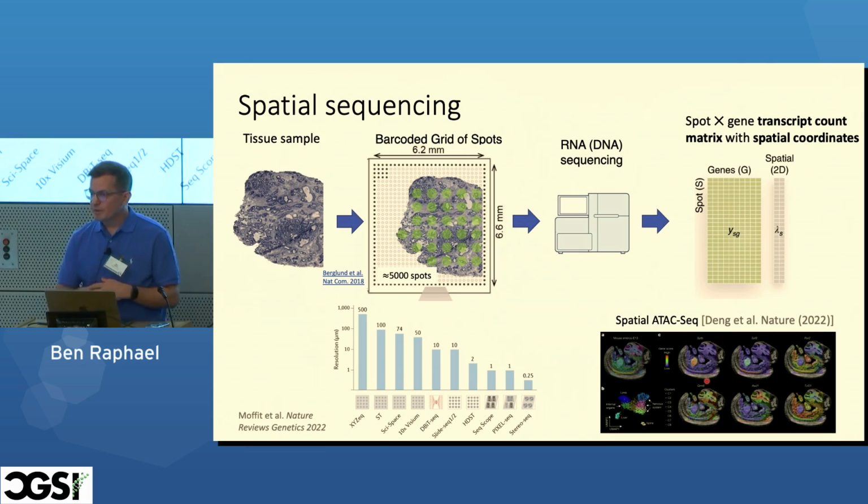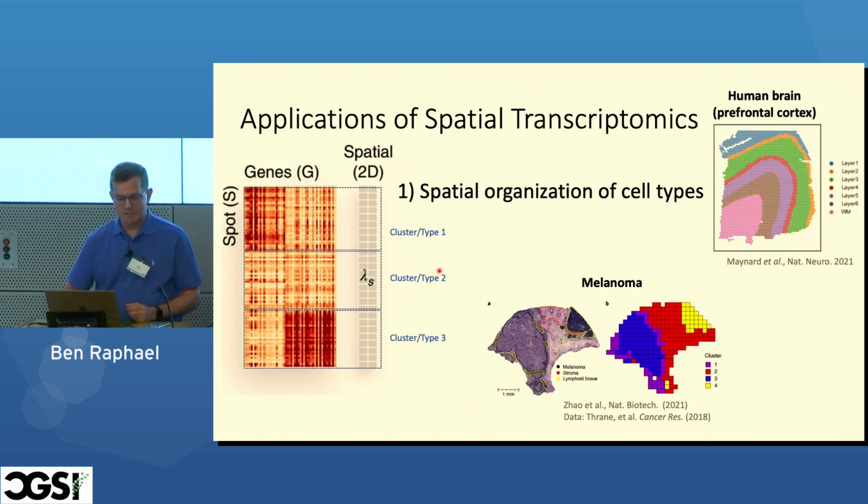So what can we do with spatial transcriptomics? Well, pretty much anything you're used to doing with single-cell RNA expression, but better, right? Because you have space. So we could cluster spots by their gene expression and find cell types. But now, in addition to finding these cell types that vary by their gene expression, we know the spatial locations of those cell types.